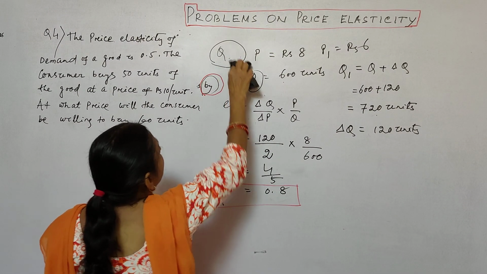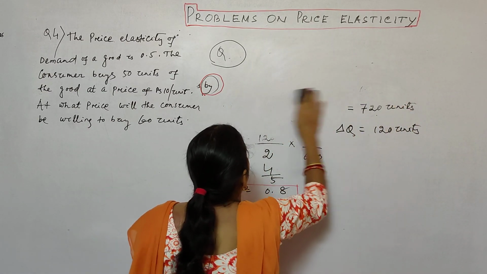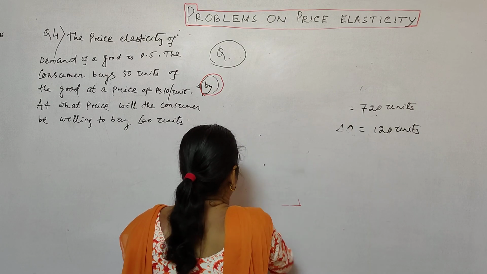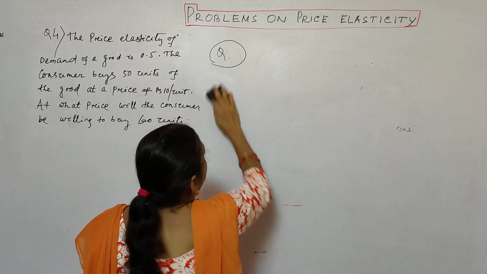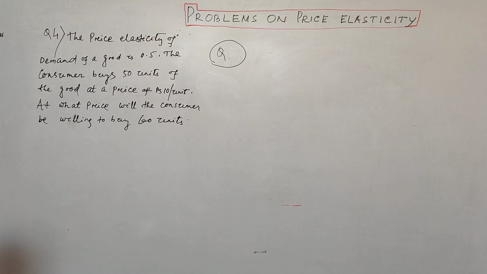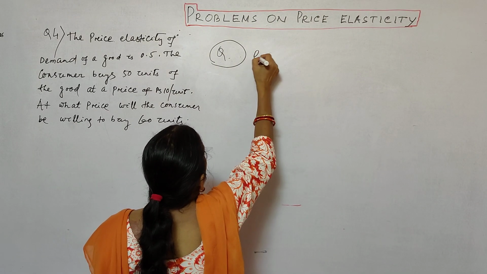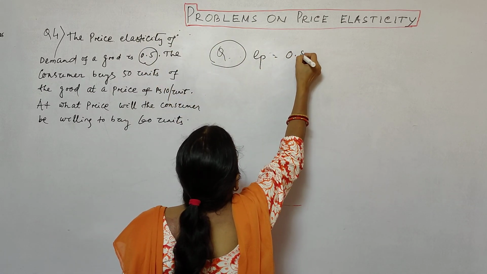The first information they have given us is the numerical value of EP, equal to 0.5.